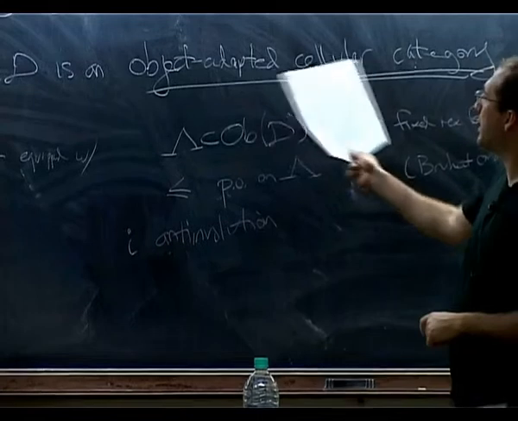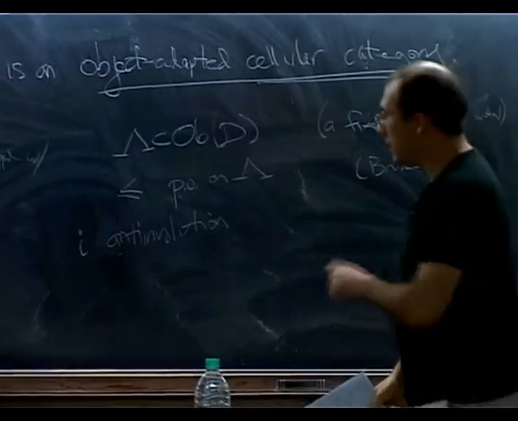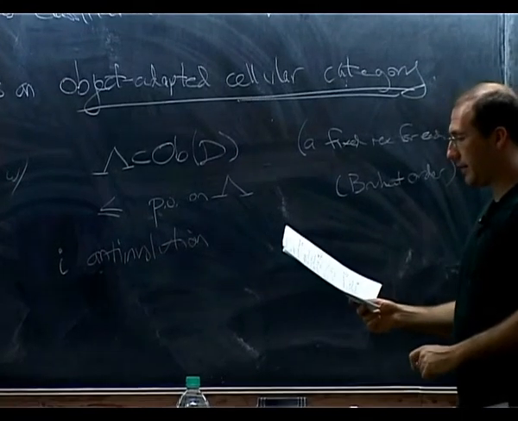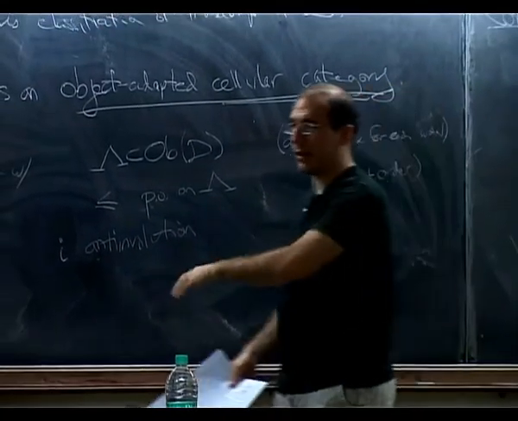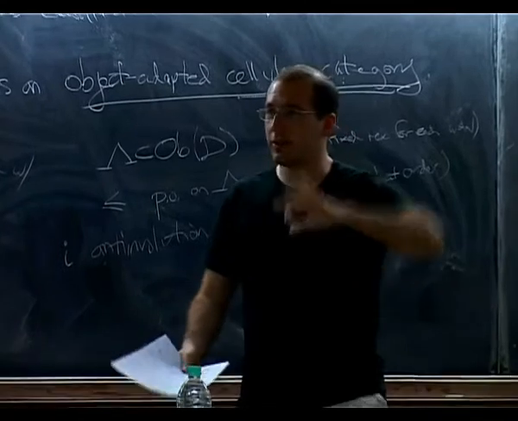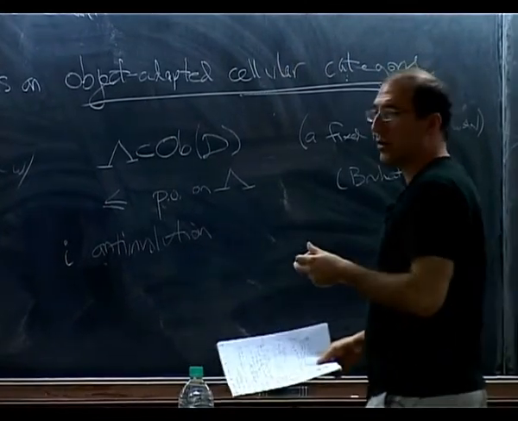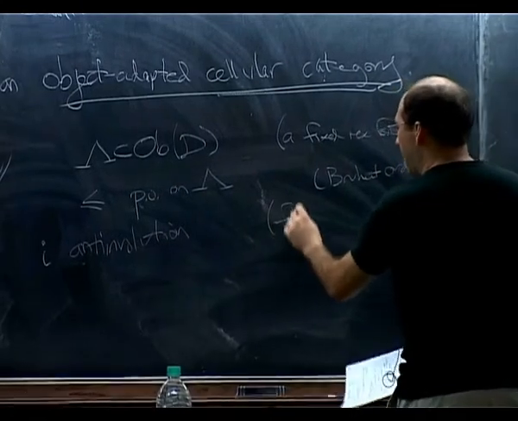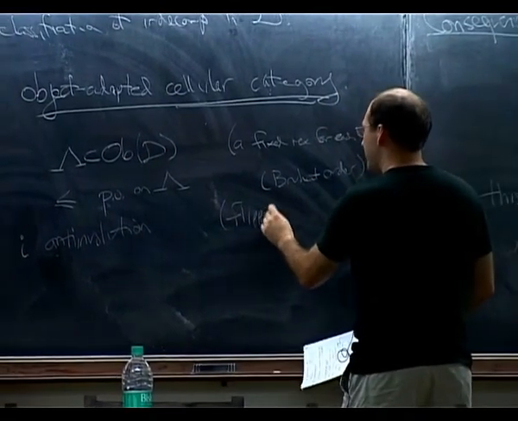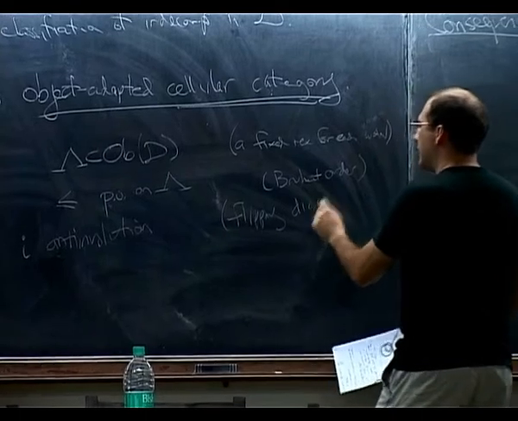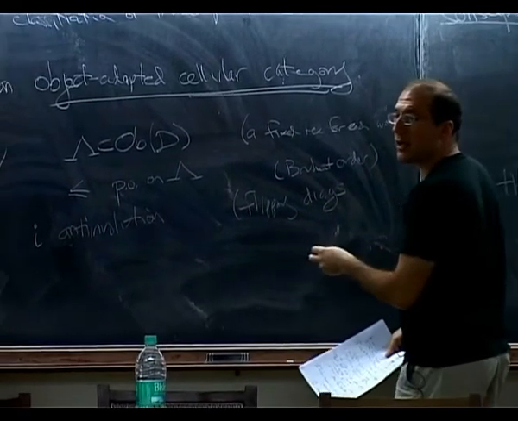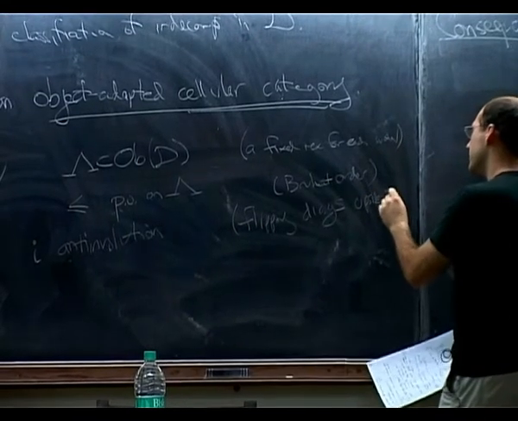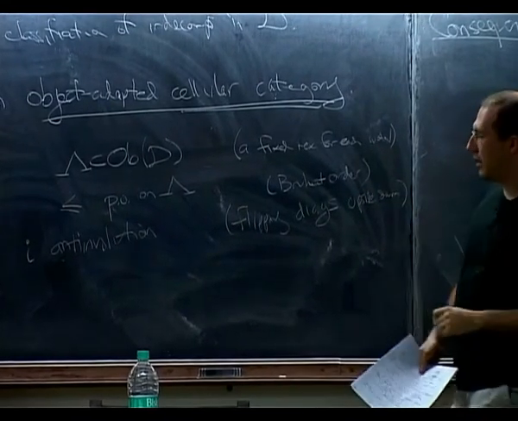I'm defining an object-adapted cellular category. Okay. So this is an anti-involution of the category. In other words, it's a functor from the category to itself, which reverses the composition order of bimodules. And you apply it twice, and you're right back where you started. So this is flipping diagrams upside down. It acts as the identity on objects, and on morphisms it flips diagrams upside down.